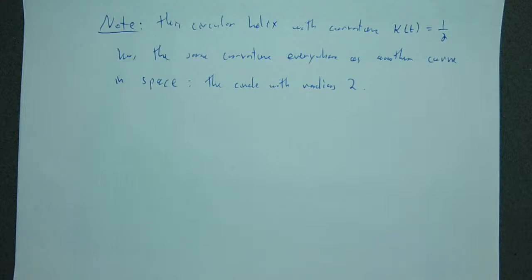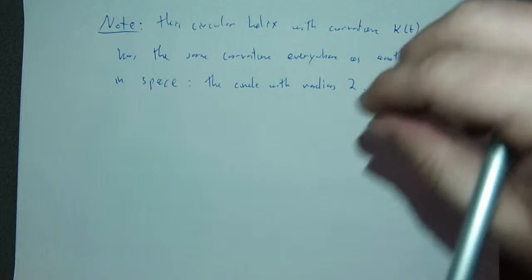Once you know the curvature, that nails down exactly what the curve has to be. But for space curves, that's not the case. If I told you, consider a curve in space with curvature 1/2, you wouldn't know what I was talking about, because the circular helix has curvature 1/2, and we also have a circle of radius 2 in any plane located wherever you want. That's also another example of a curve that has curvature 1/2.